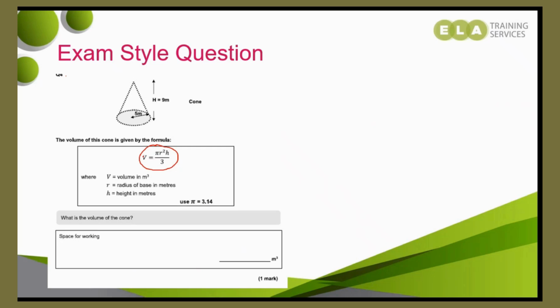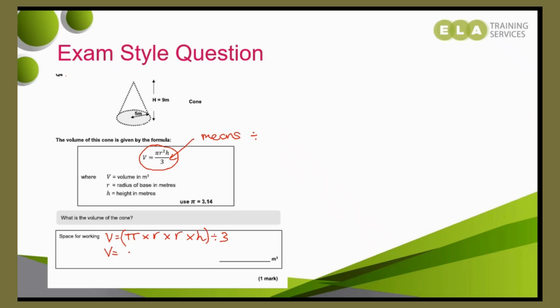So here, what we've got to do is establish what this means. So V equals, we're going to expand this symbol here times by, remember R squared means R times R, times by H, and then that little symbol means divide. So we're going to then divide our whole answer by 3. It's almost like you're bracketing that off a bit.